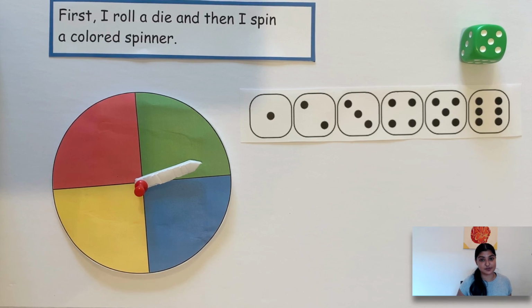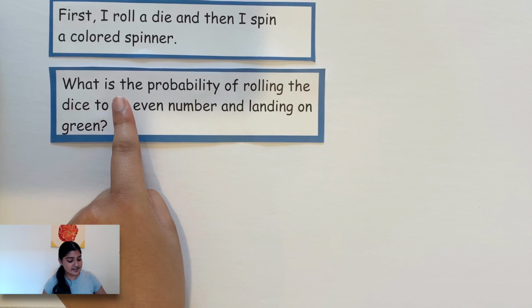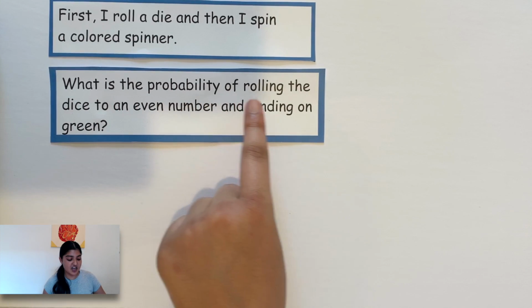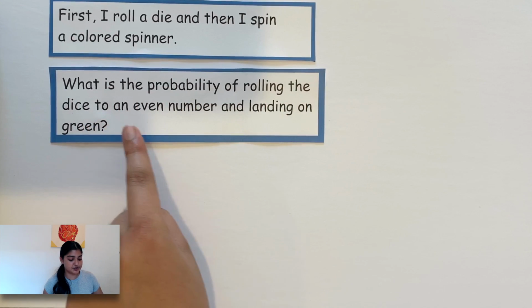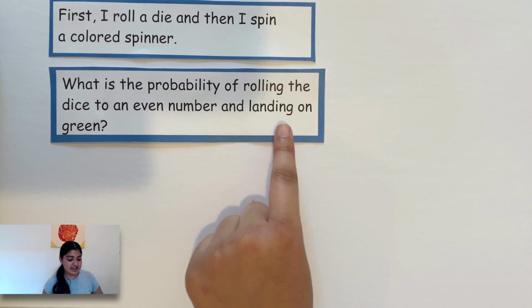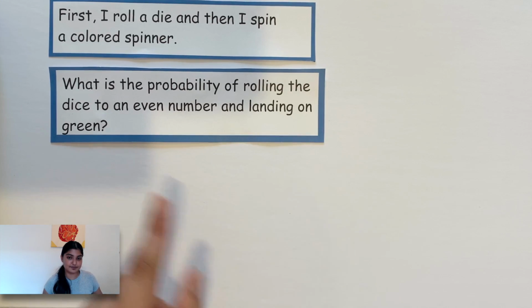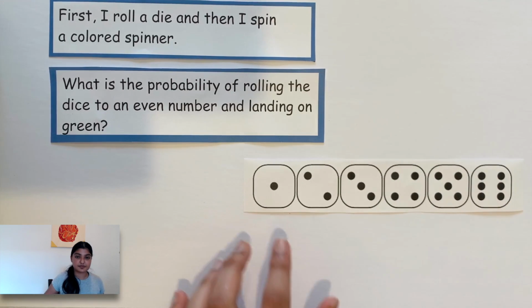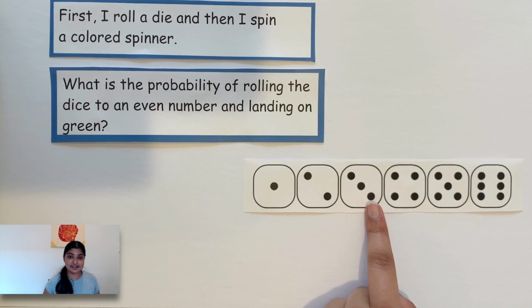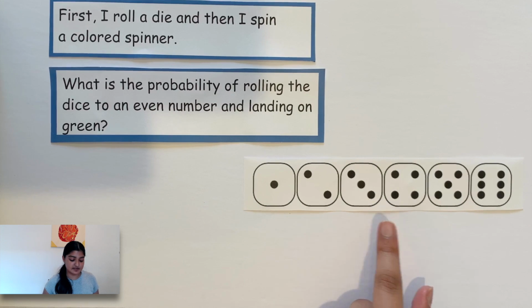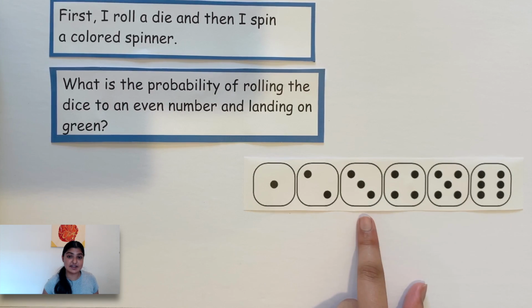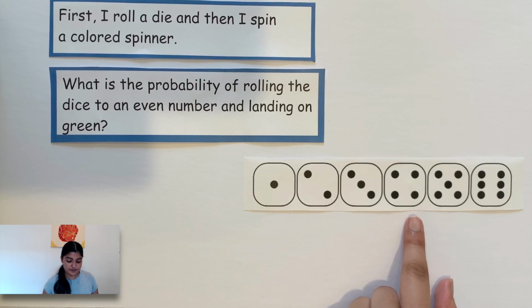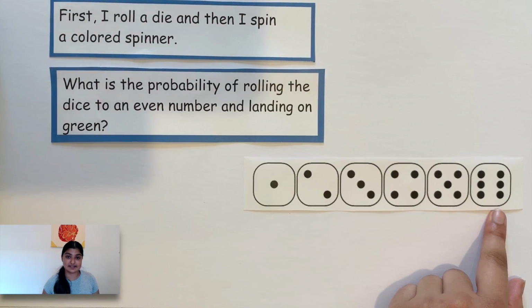Let's turn to our first question. What is the probability of rolling the dice to an even number and landing on green? Turning back to our dice, we can see that in order to land on an even number, we would have to roll a 2, 4, or a 6.